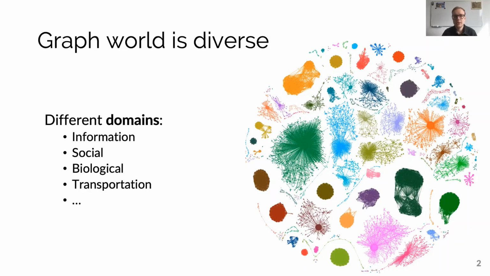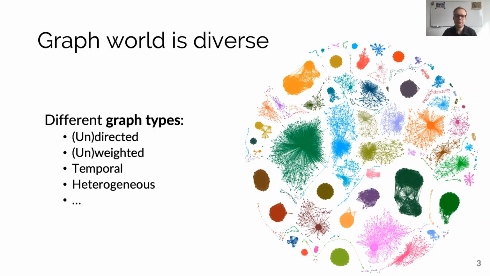So to summarize, there are many different graphs coming from various different domains, and they can be social networks or biological protein interaction networks or transportation graphs, some citation networks and so on and so forth. And they're all very different, but we want some unified approaches to all of them. And there are different graph types. So for example, edges in graphs can be directed or undirected.